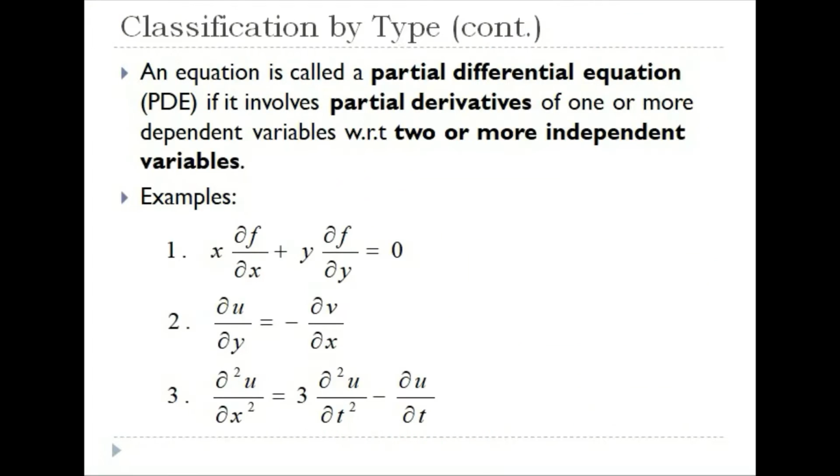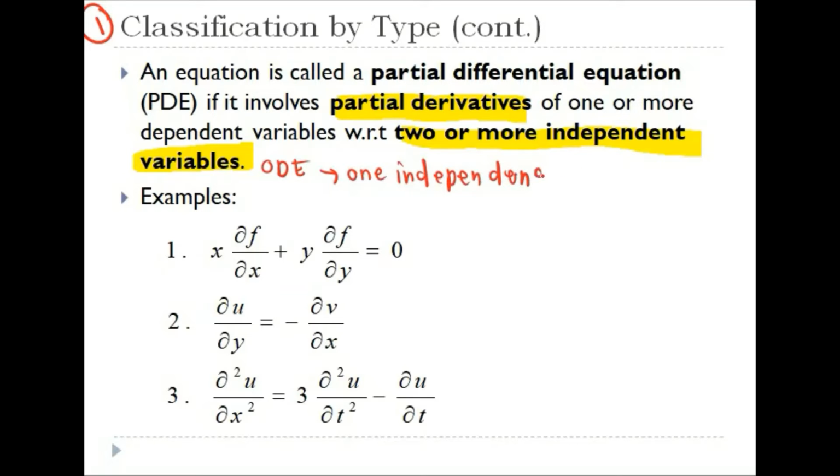We are still on the type, but this time it is PDE. The keyword here is that it contains two or more independent variables, unlike ODE, which contains only one independent variable. For example, look at the bottom, because we know the bottom is your independent variable.